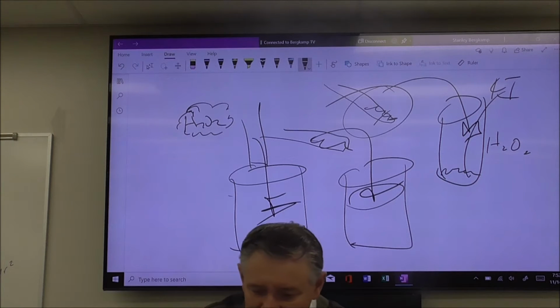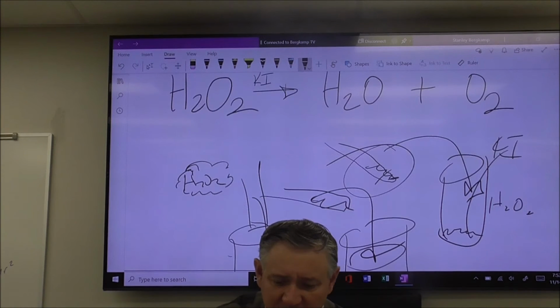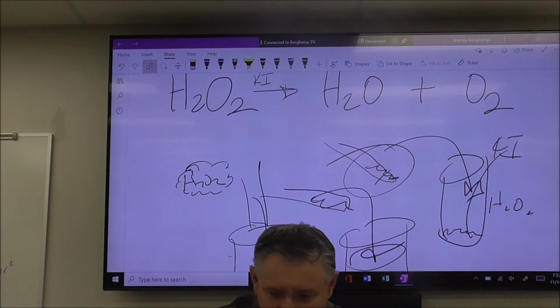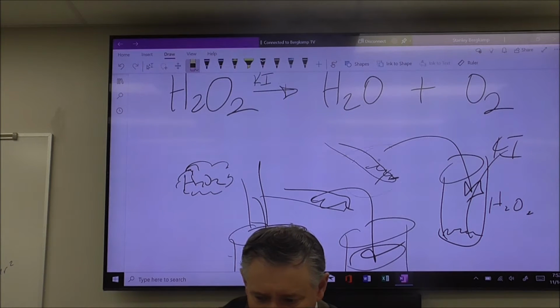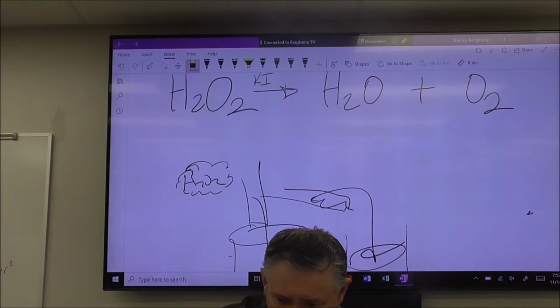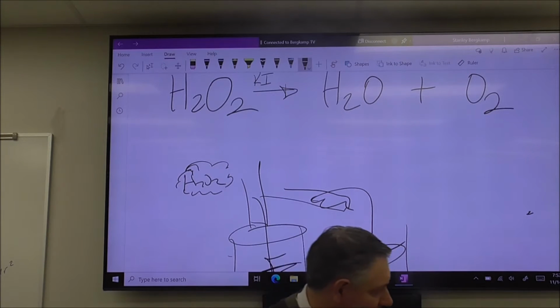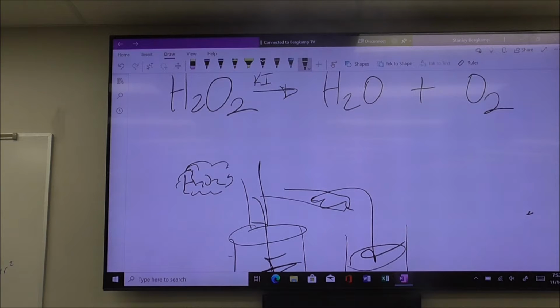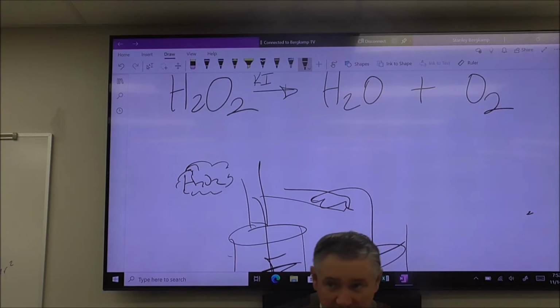Okay, so on this particle diagram, you're going to go, all right, I have this clumpy stuff of hydrogen peroxide, and out of that, I'm going to get a water molecule, like such.